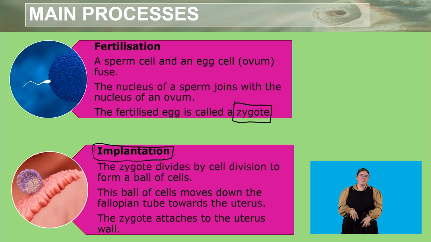Usually, if implantation takes place in the fallopian tube, that will be known as an ectopic pregnancy, and therefore that fertilized egg will have to be terminated or removed from the female's fallopian tubes, because a baby cannot grow in the fallopian tubes.